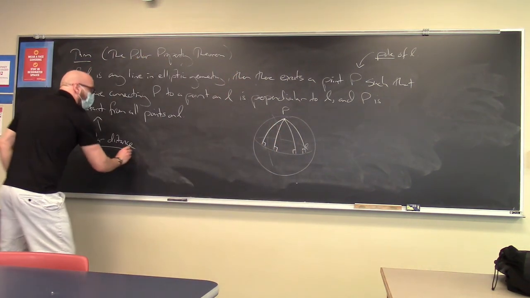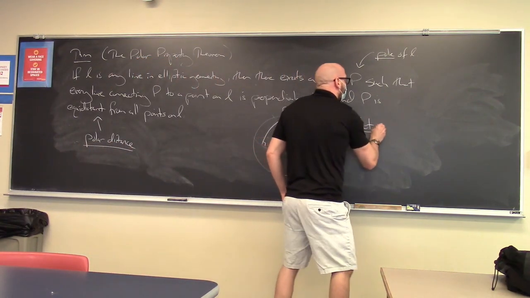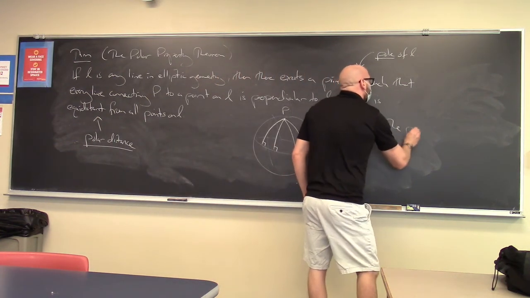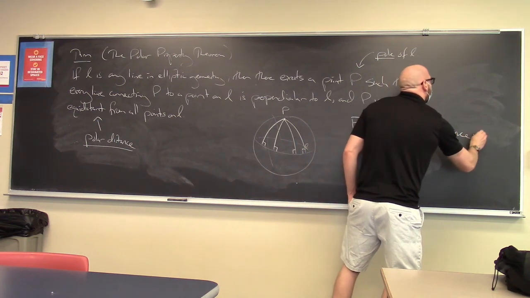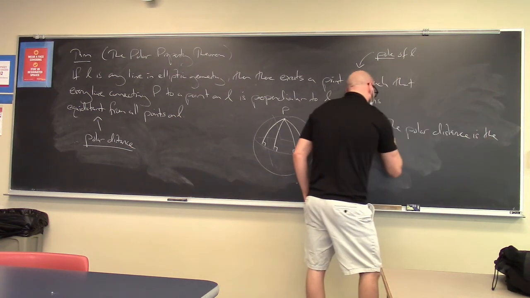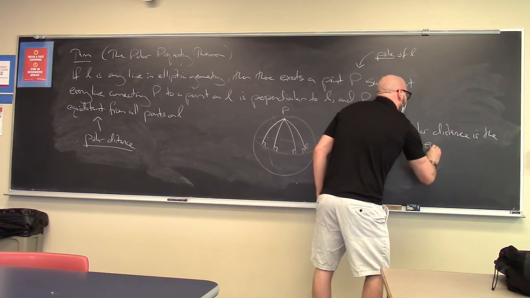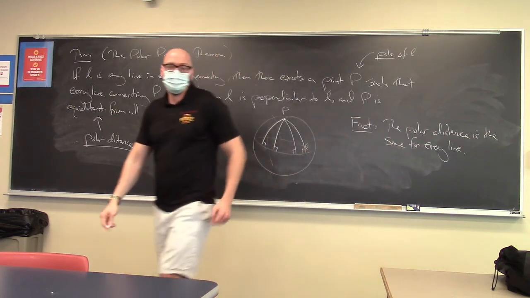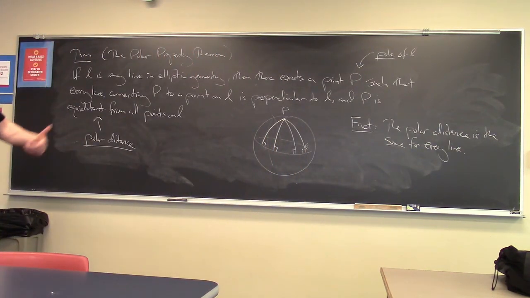So this is the polar distance, and a fact or a theorem, I won't attempt to prove this at all, so I'll just call it a fact: the polar distance is the same for every line. That's why I'm not saying polar distance for L, it's just the polar distance.